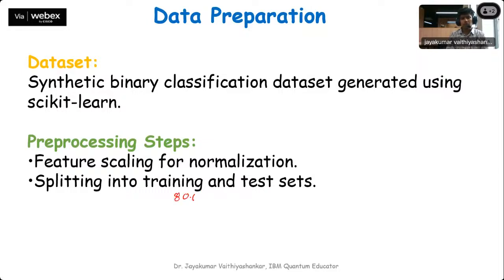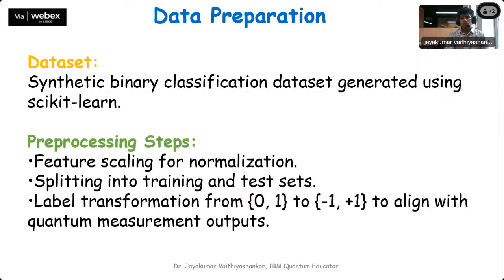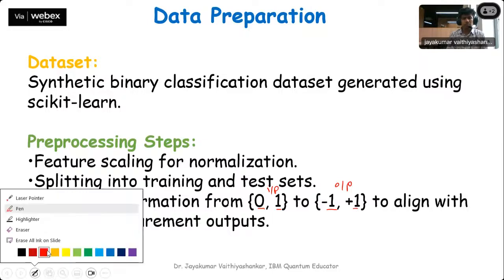Simply, we are able to give the label either 0, 1 or -1, +1. Each time you do measurement, this is your input data set, and this is your output measurement basis.